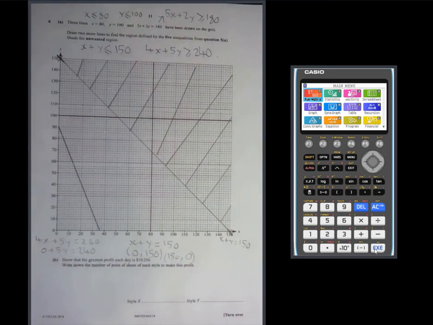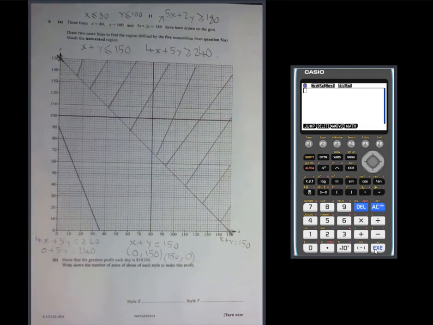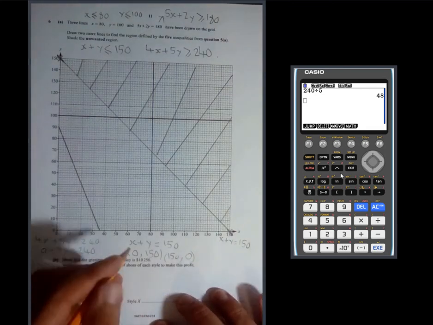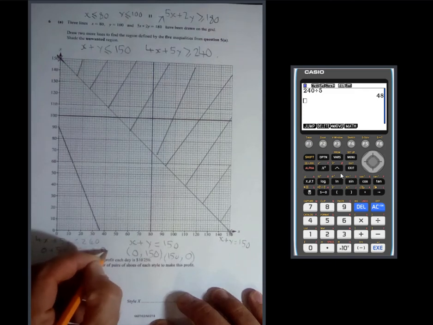If you're not sure, you should just be dividing by 10, 24 and doubling 48. But otherwise, just check 240 over 5 is still 48. Otherwise, you could even go to a solver, but you shouldn't really have to do that. But anyway, if x is 0, y is 48. So this must pass through 0, 48.